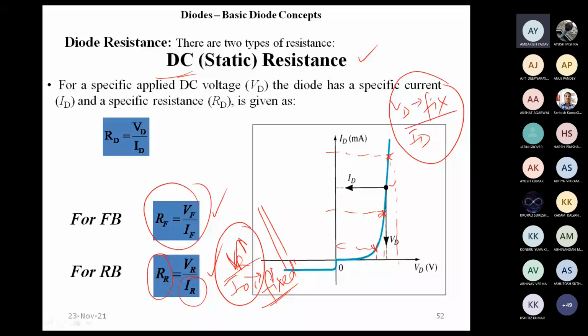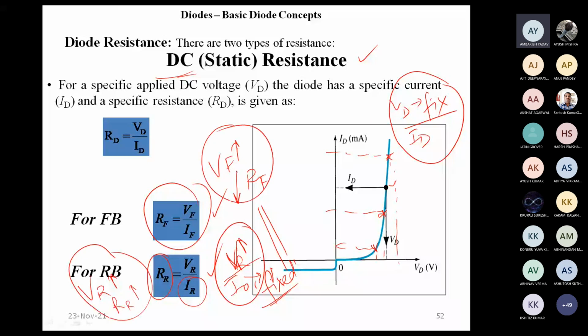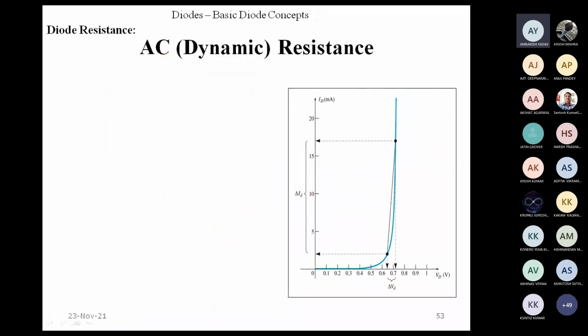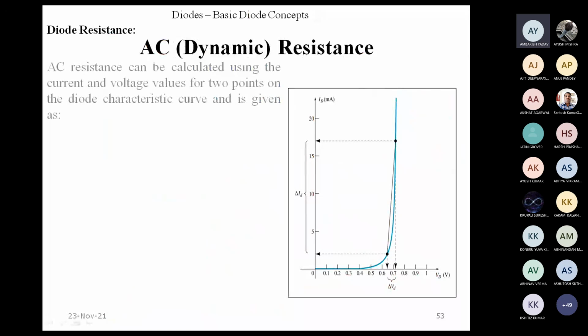Because of this, the resistance tends to decrease. As voltage VF is increased, the resistance RF is going to decrease, whereas in the reverse bias, as VR is increased, RR is also going to increase. That kind of trend one can see in the forward bias and reverse bias resistance.